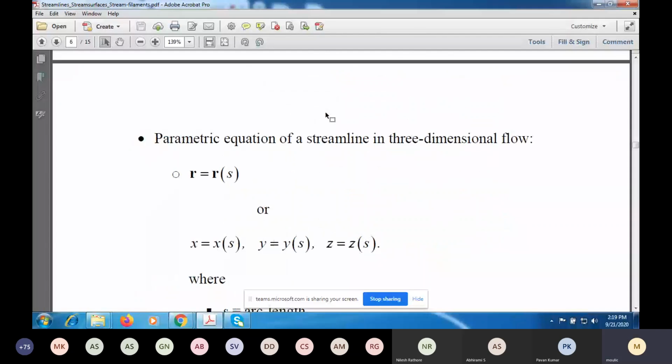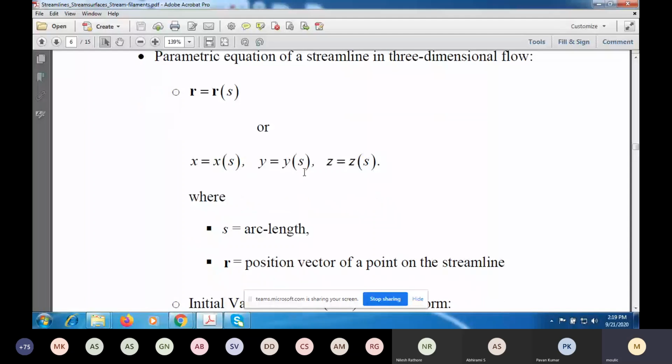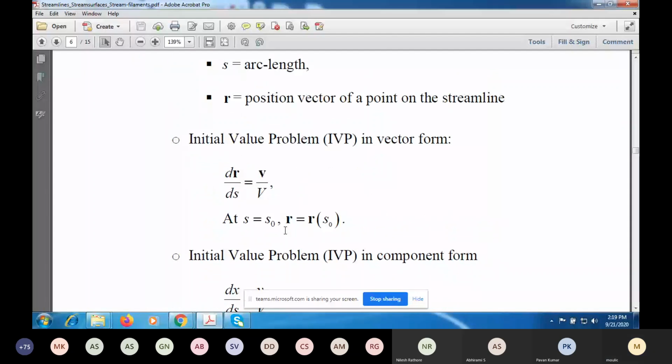So if you say the parametric equation of a streamline is r equal to r(s), or equivalently x is x(s), y is y(s), z is z(s), where s is arc length, then you have an initial value problem which you can solve to find the streamlines.